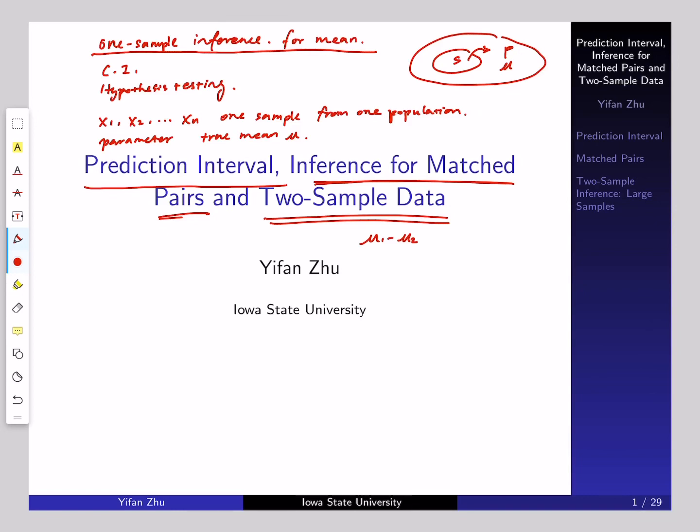So although the inference for matched pairs is actually a one sample inference and it is different from the two sample inference, the goals are the same for both of them. They are both doing the inference for the mean difference. Okay. They are both interested in the difference.